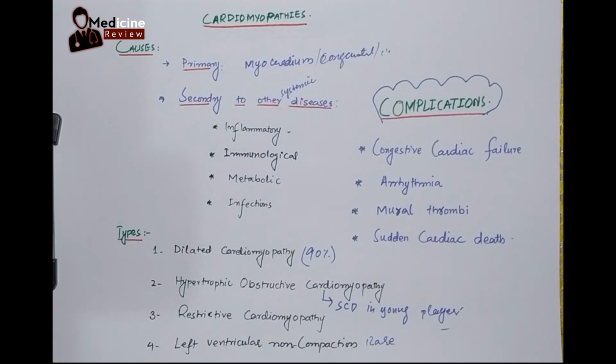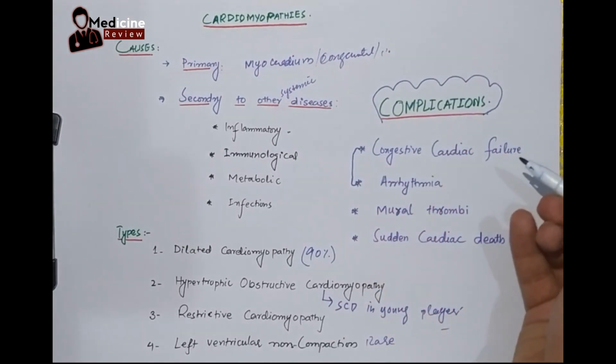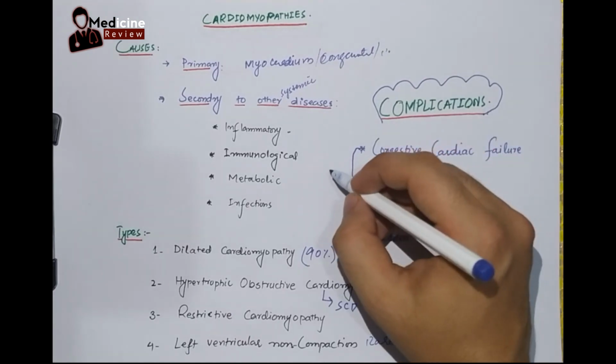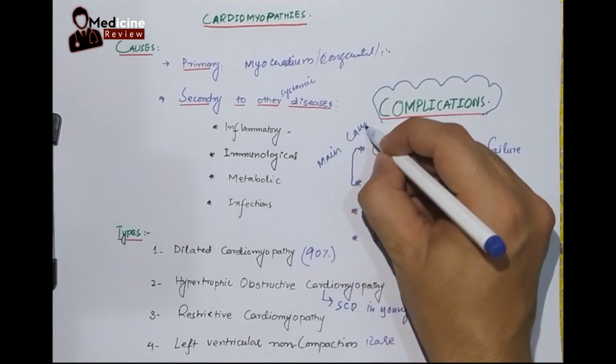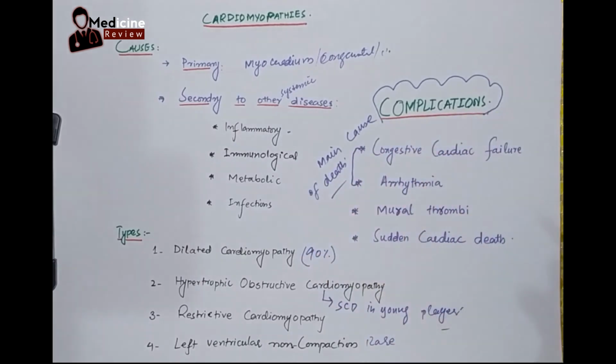The myocardium, or the heart layer itself, starts to eject abnormal impulses, which can lead to arrhythmias. These both, CCF, or congestive cardiac failure, and arrhythmia, are the main cause of death in cardiomyopathy.